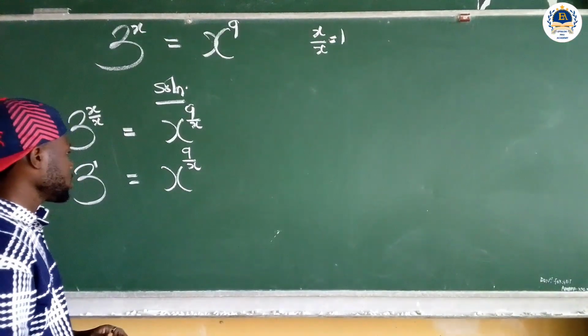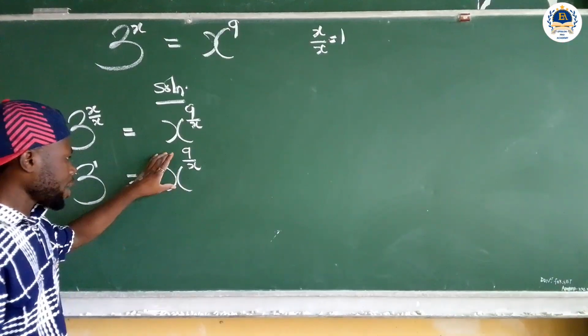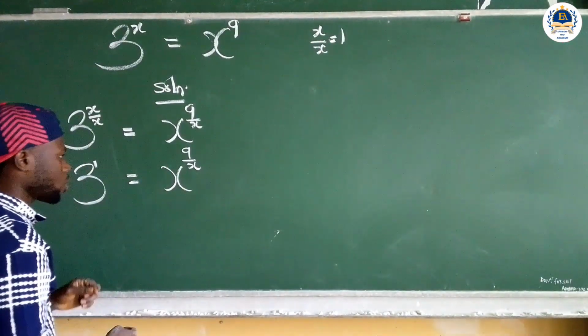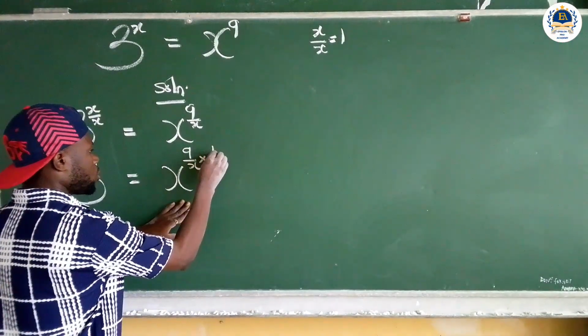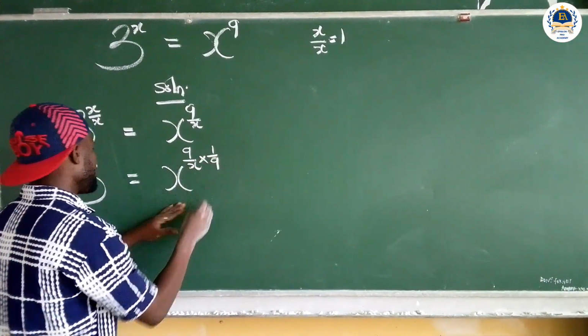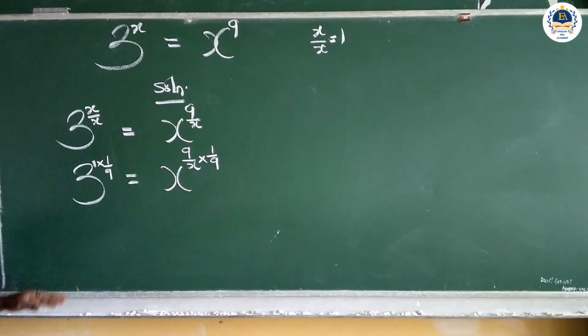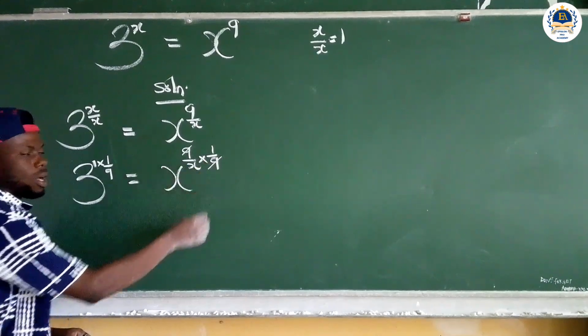Let's do the same thing to the right hand side to ensure that the right is with letter and letter only. So that becomes times 1 over 9 and times 1 over 9. This 9 and this 9 will cancel out.